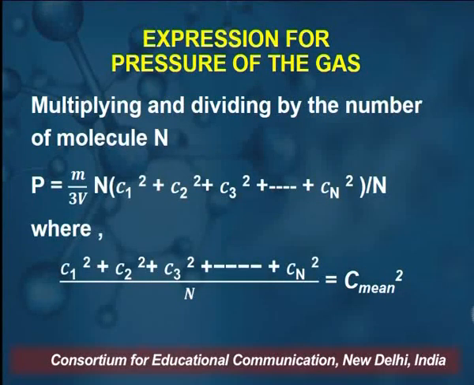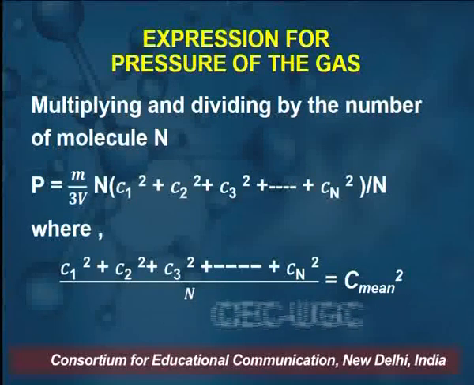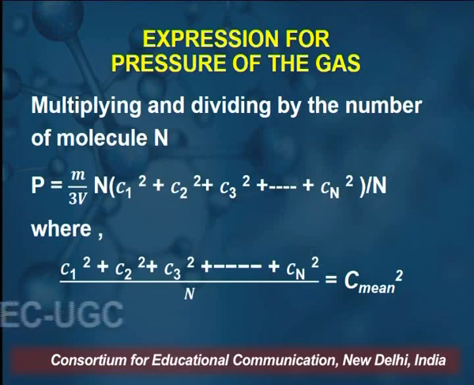Now let us multiply and divide this expression by the number of molecules n. We get P is equal to m by 3V into n, c1 square plus c2 square plus c3 square plus so on so forth plus cn square, divided by n.